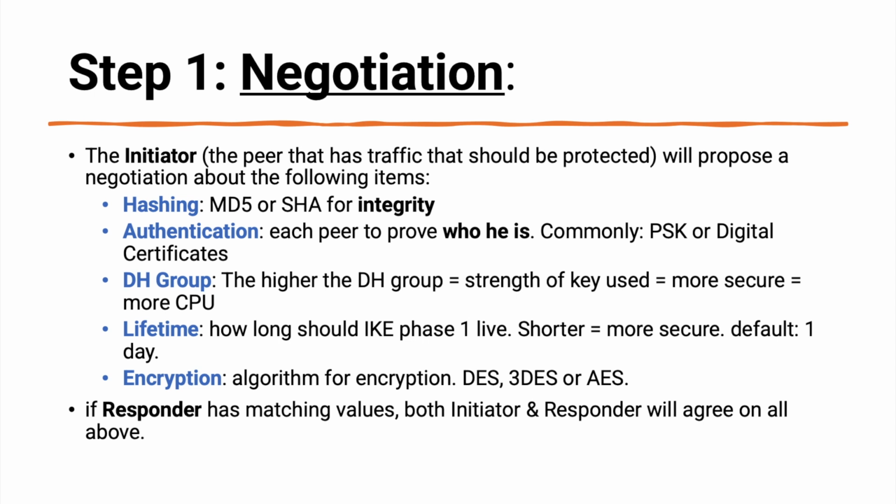The higher you set the DH group, the higher the strength of the key used, and that means more secure, but it also means it's more taxing on the CPU.